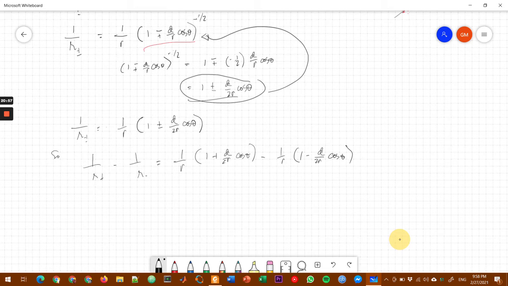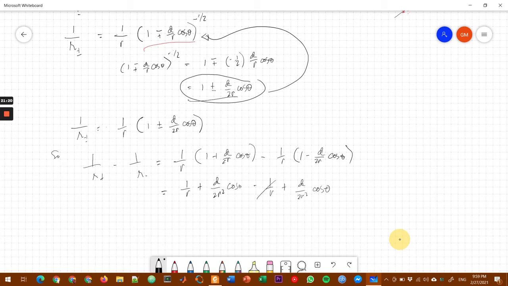What do we do here? We just have to simplify. Distributing, we have 1 over R plus d over 2R squared cosine theta, minus 1 over R plus d over 2R squared cosine theta.